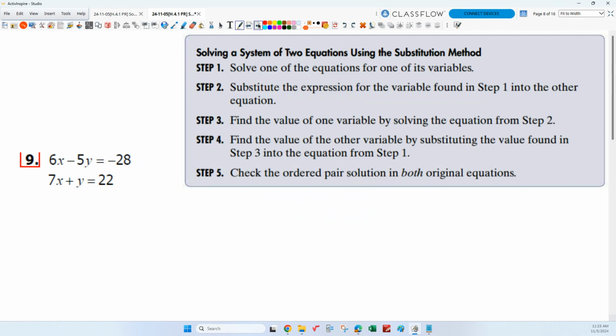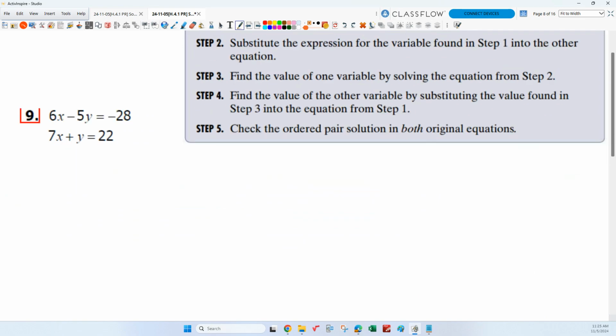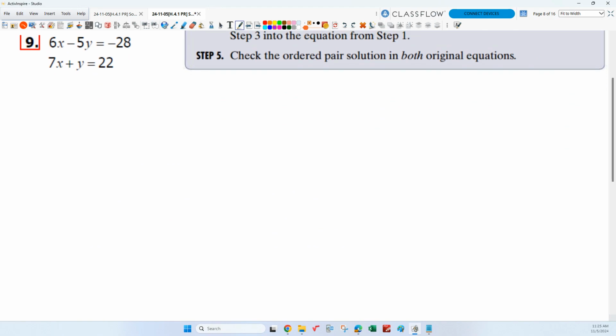How about this one? Isolate y in the bottom equation. How do you identify a variable that's easy to isolate? What kinds of coefficients are you looking for? Yeah, in fact, we want either 1 or -1.